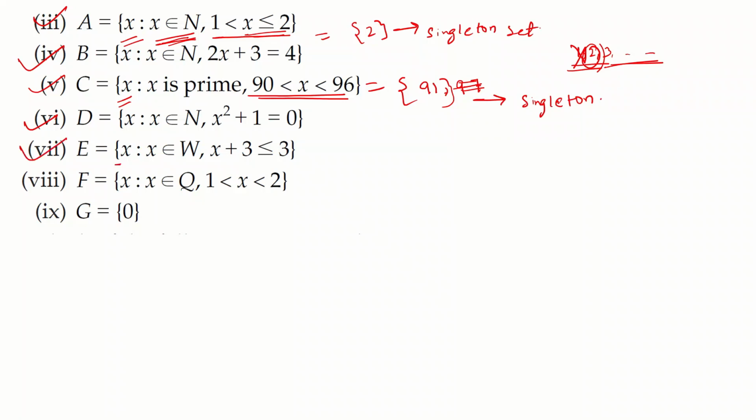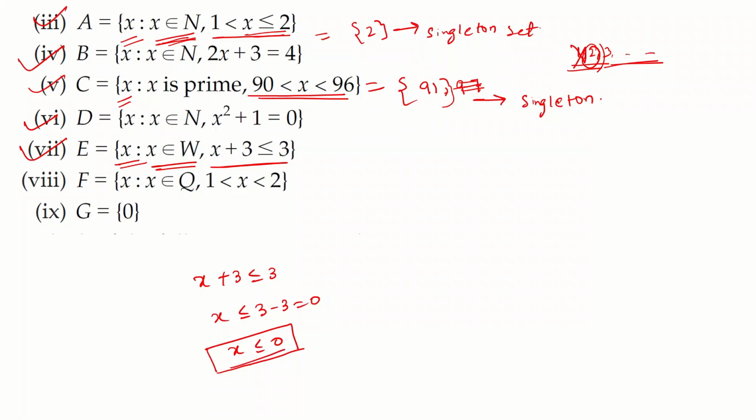E is a set of all those x's where x belongs to the set of whole numbers, and x has to satisfy this inequality. So let's first simplify this inequality. x plus 3 less than or equal to 3 means x less than or equal to 3 minus 3, which is 0. So x is less than or equal to 0. So this is the simplified version of this inequality.